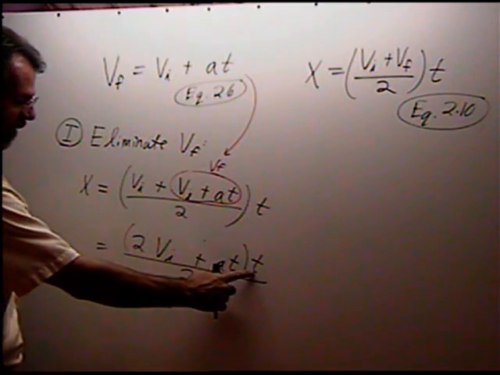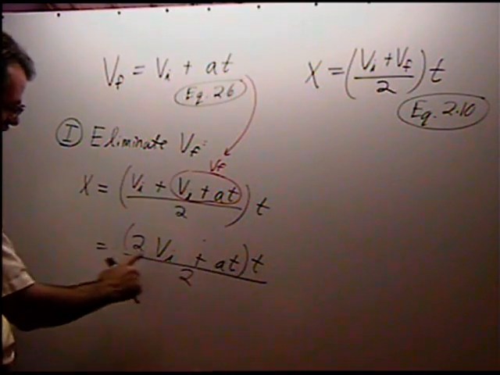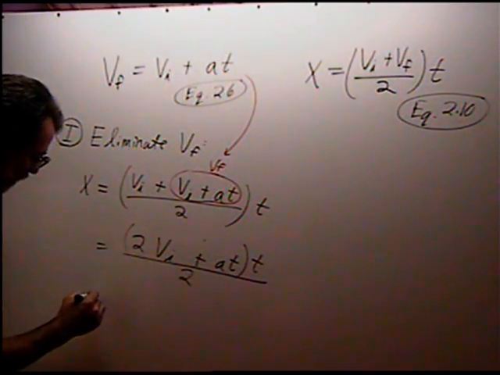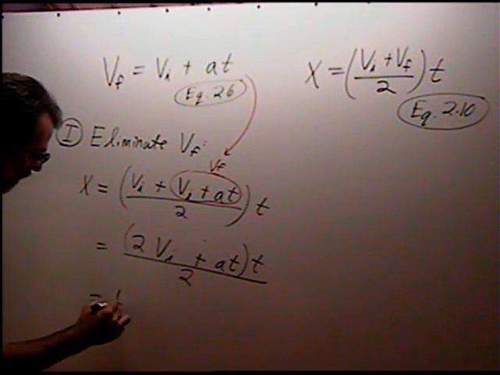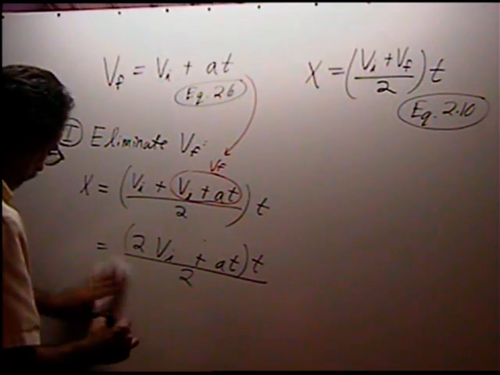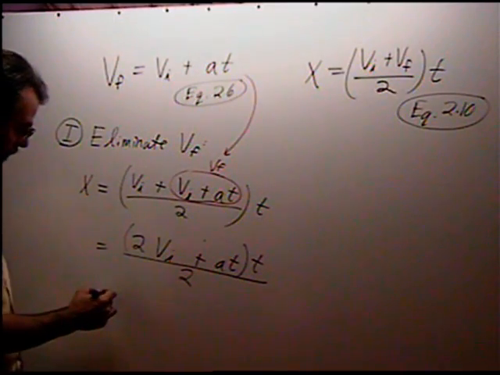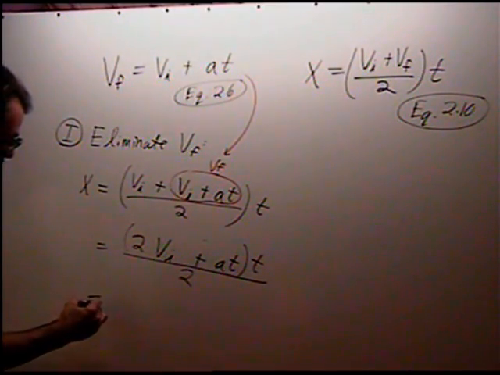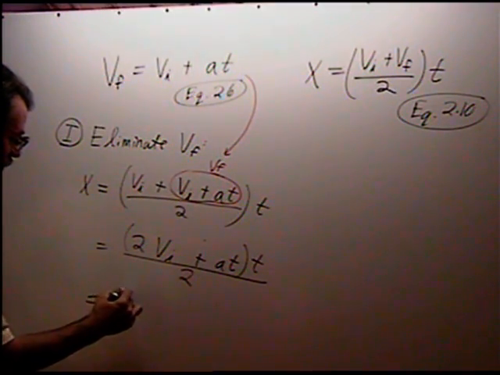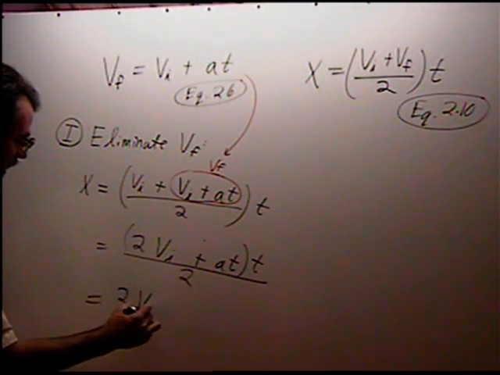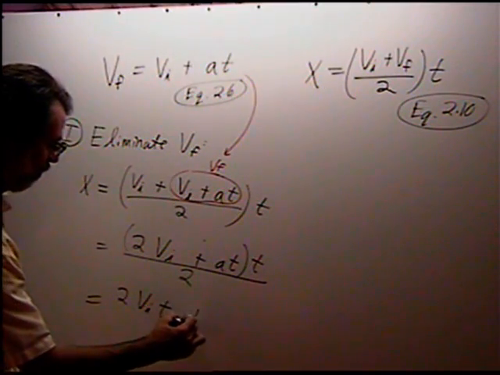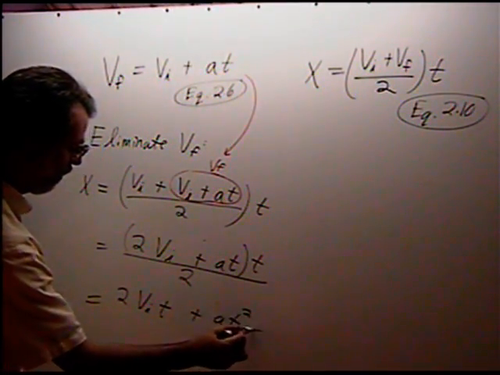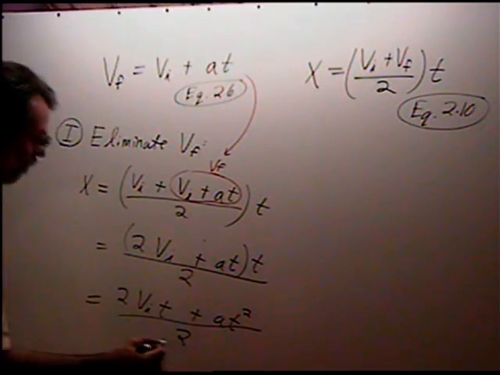I'm going to multiply by the T, and I'll have T multiplied by this term and multiplied by this term. I'm going to keep the 1/2 down here. Can you all see this? I think you can. 2 VI times T plus AT times T, or T squared, all divided by 2.